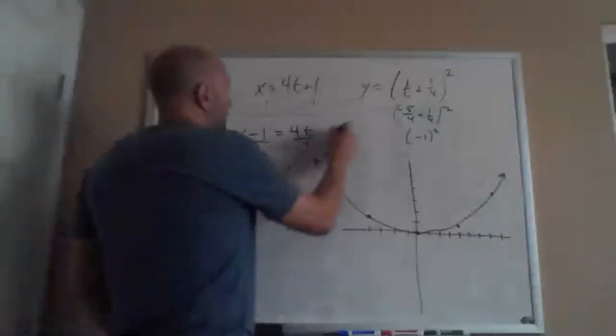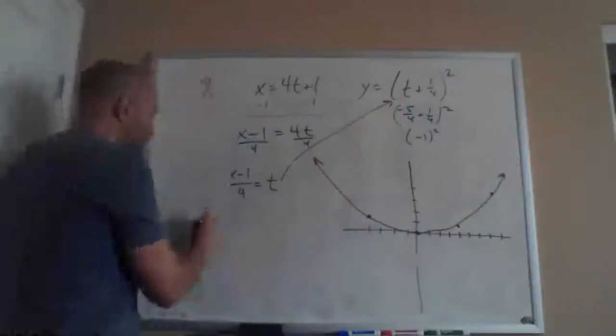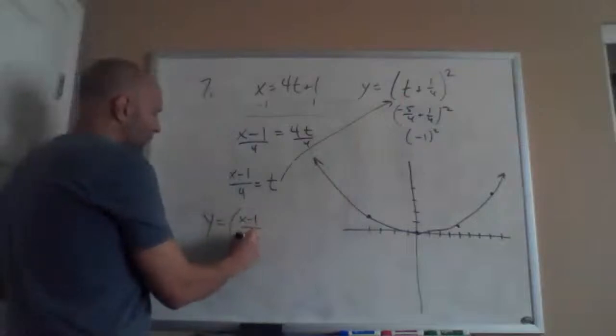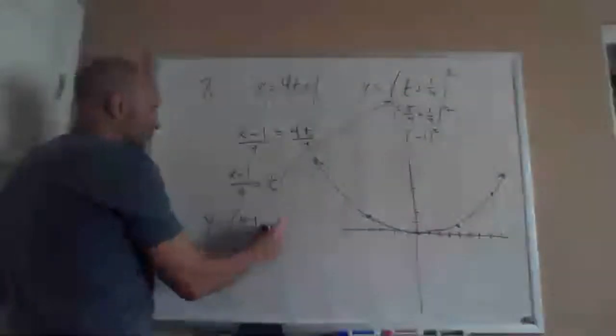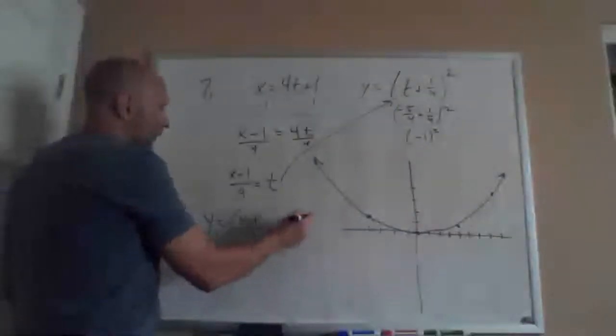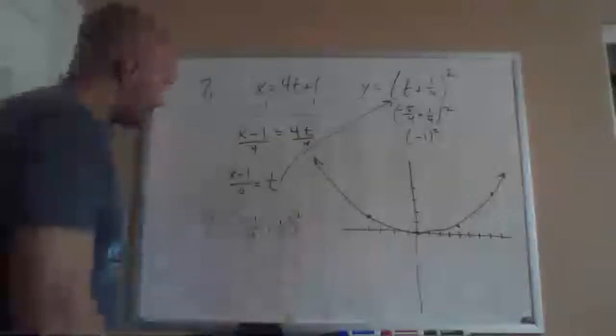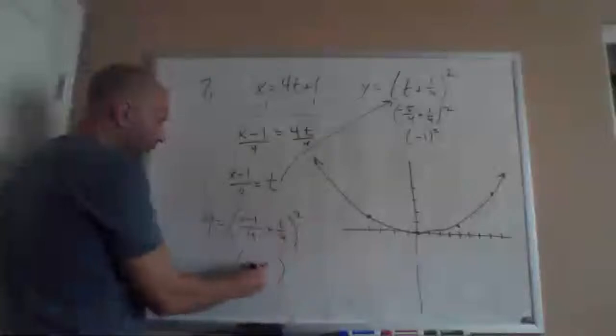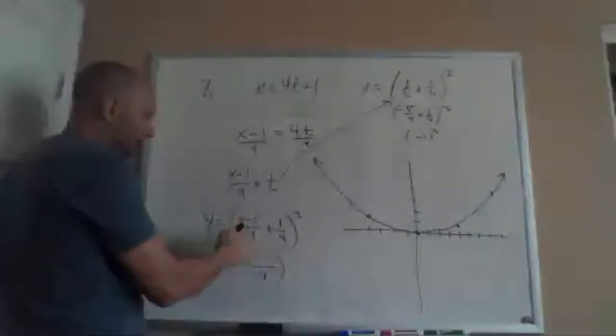So now plug this into the equation for y. You get y is equal to ((x minus 1) over 4 plus 1/4), the whole thing squared. So simplify this inside. They're both over 4, so I can combine the numerators. x minus 1 plus 1.